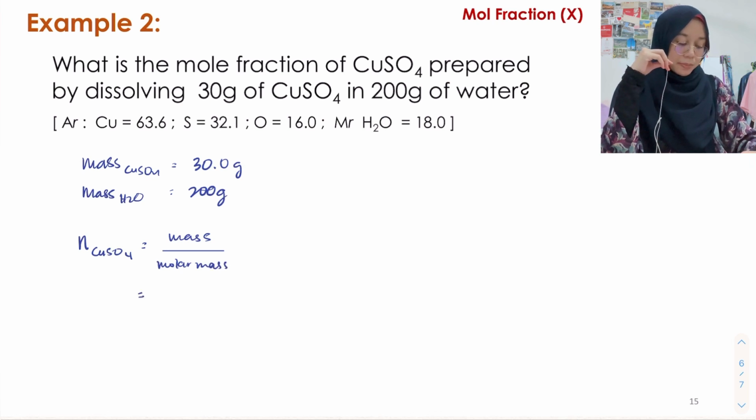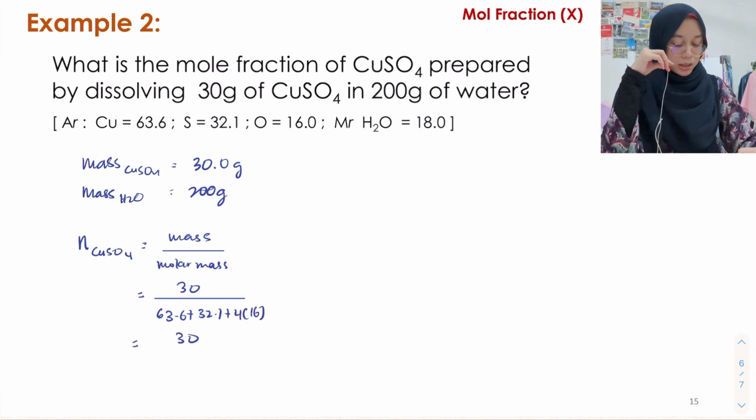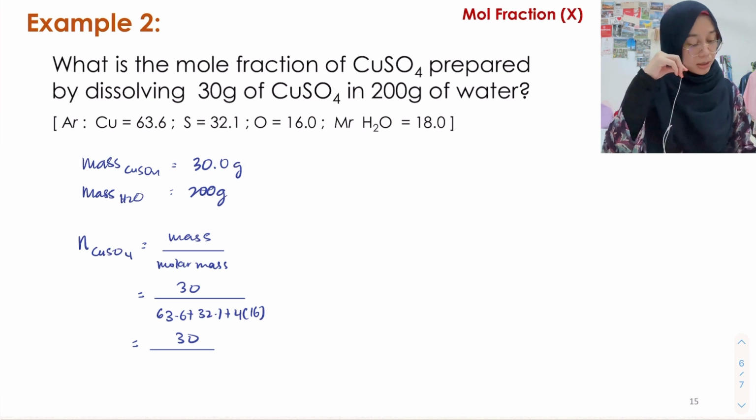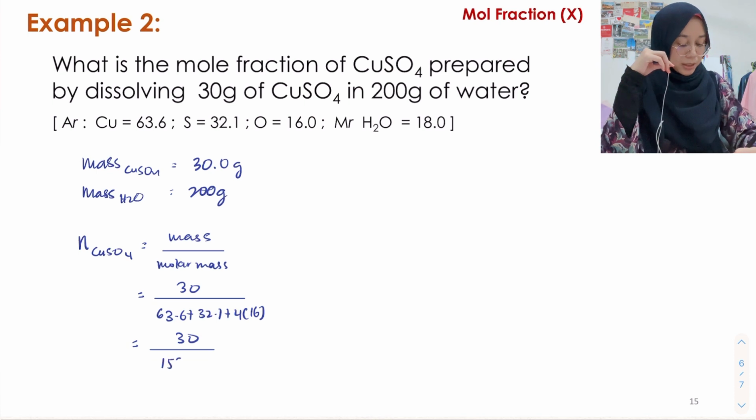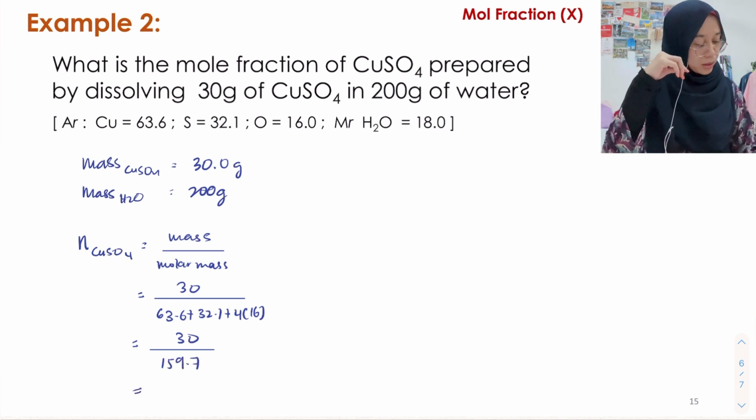So kamu akan dapat 30 divided by Cu 63.6 tambah 32.1 tambah 4 times 16. So you get 30 divided by 63.6 plus 32.1 plus 16 times 4 is equals to 159.7.